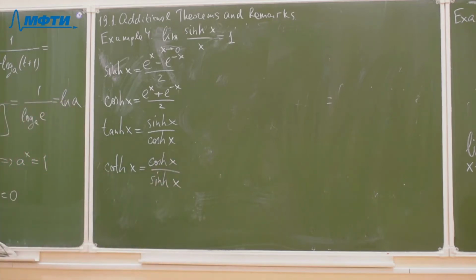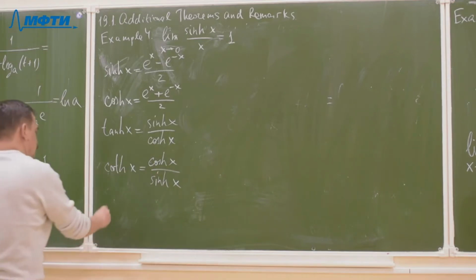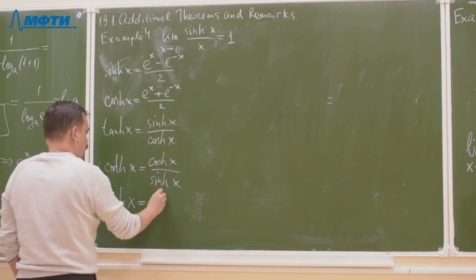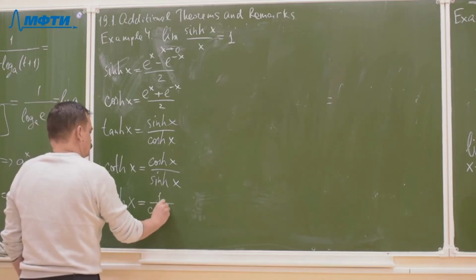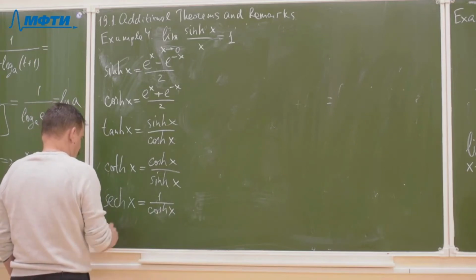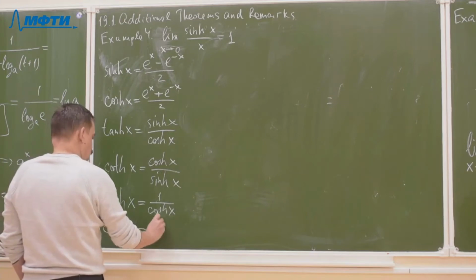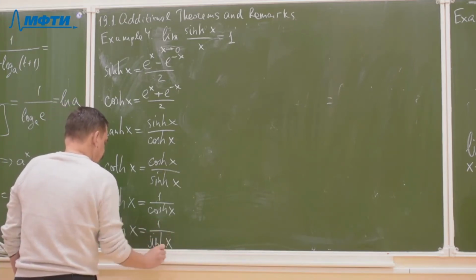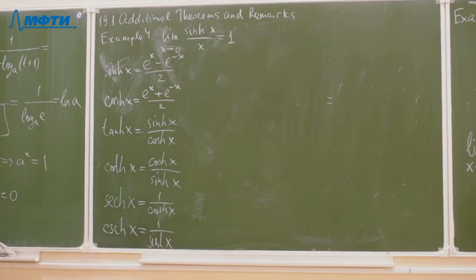In fact, there are also secant hyperbolic, 1 over cosine hyperbolic, and cosecant hyperbolic, 1 over sine hyperbolic. Here is the list of hyperbolic functions.